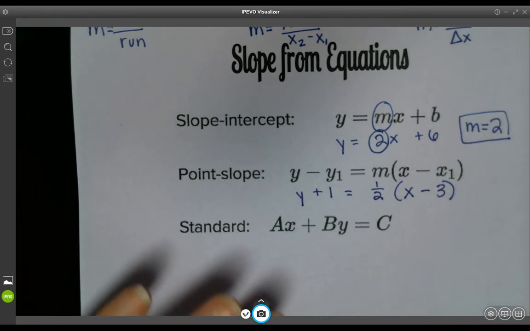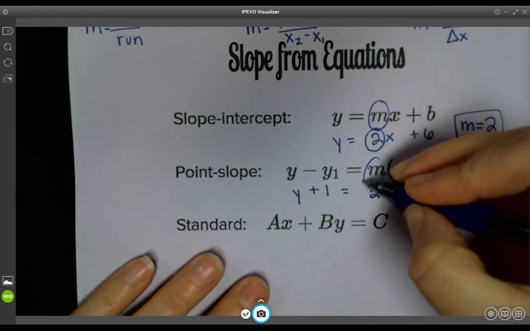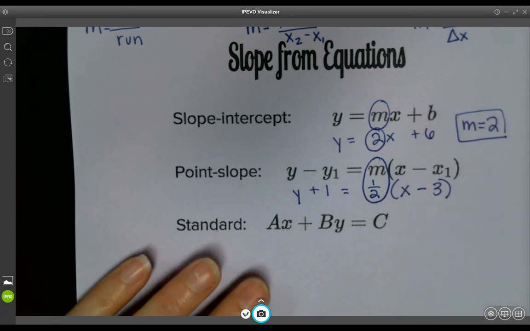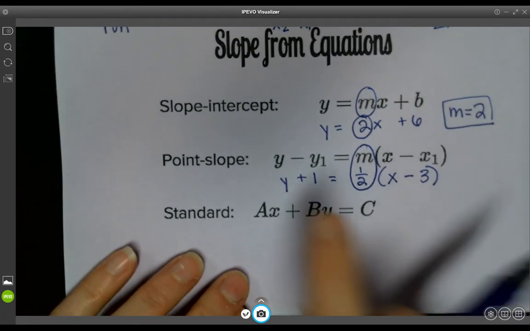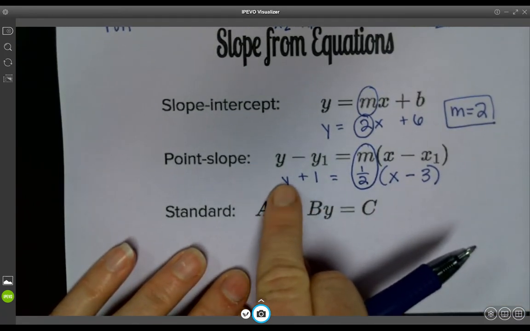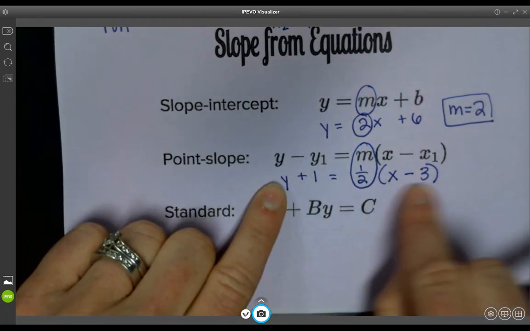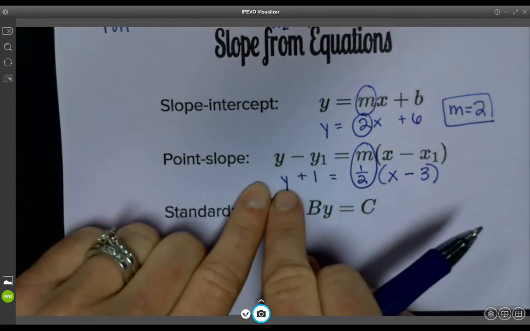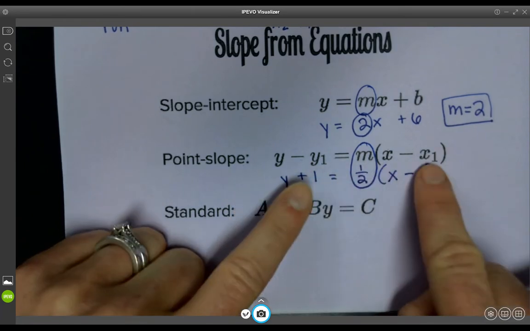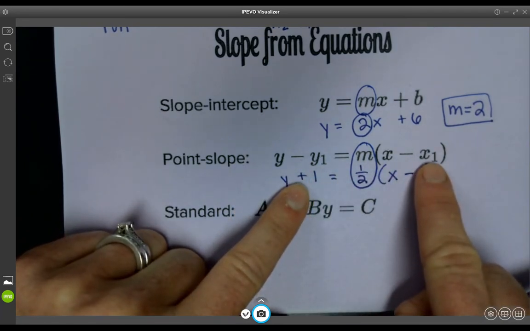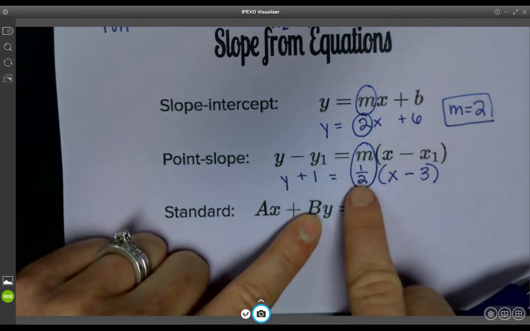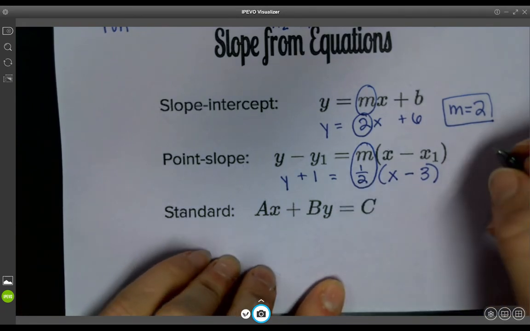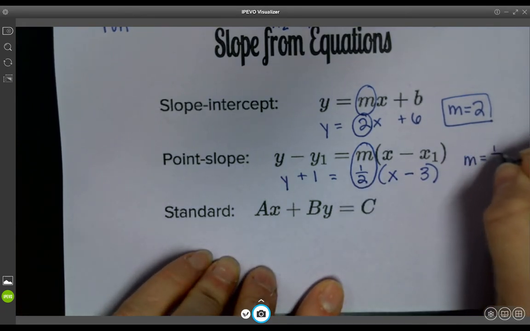If it's written like that, all we're looking for is what is m. Since we have a y and an x and a parentheses over here, it looks exactly like this, but with numbers in x1, y1, which comes from a coordinate pair. Our slope is just the number in front of that parentheses. So m equals 1/2.